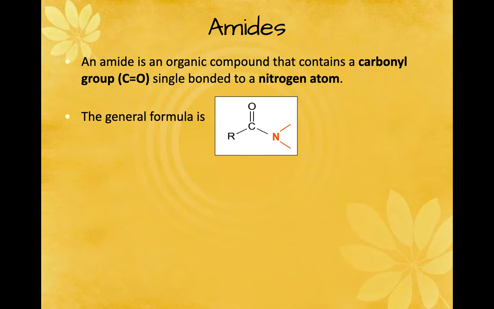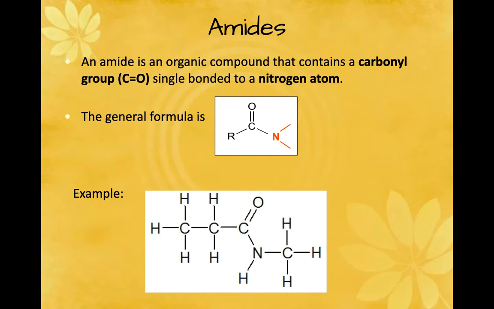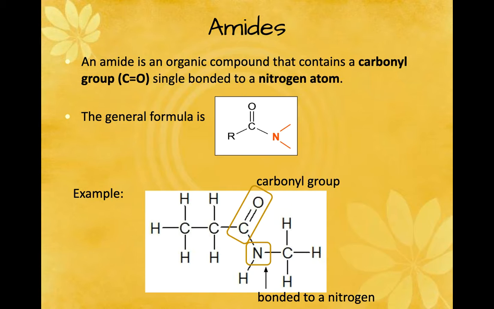Then you've got the carbon double bonded to the oxygen, which is single bonded to the nitrogen, which then is bonded to 2 other either hydrogens or carbons. So in this example, you can see we've got the carbonyl group and then the bonded to a nitrogen, and that's what makes it an amide.